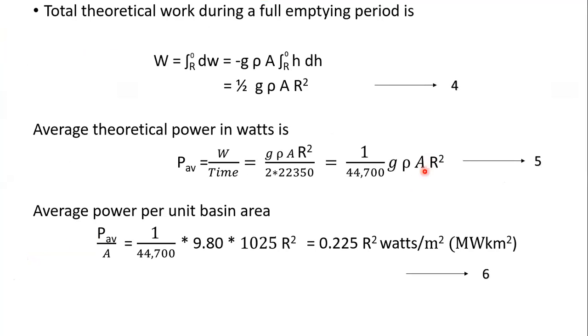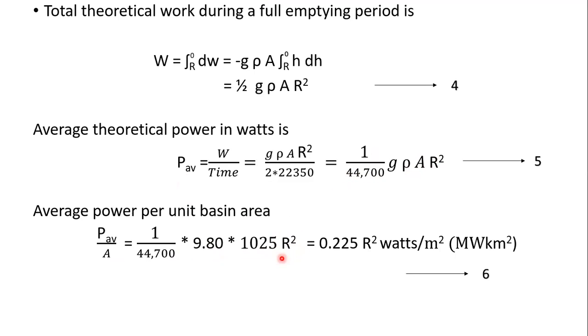If we send this A to the denominator of P average, the remaining are G, rho and R square. So we are sending A to the left side, dividing PAV by A. The remaining factor is 1 by 44,700 into G, which is 9.80, rho, which is the density 1025 kg per meter cube, and into R square.